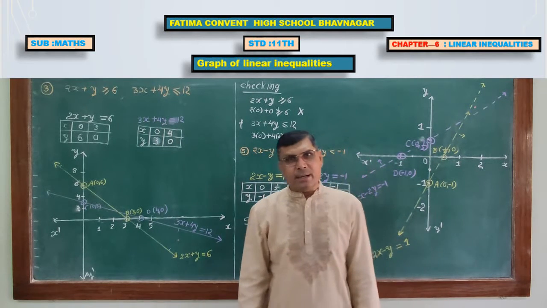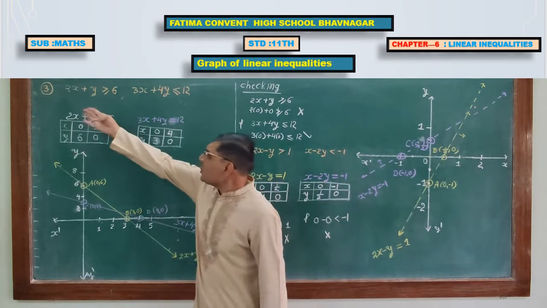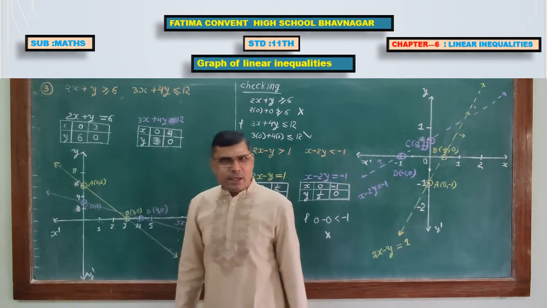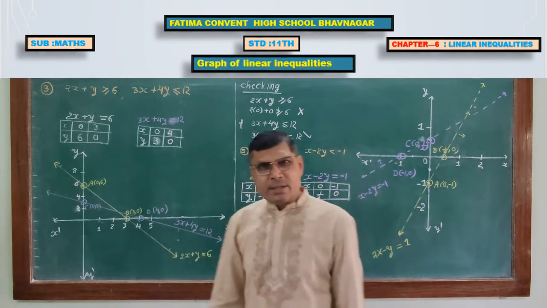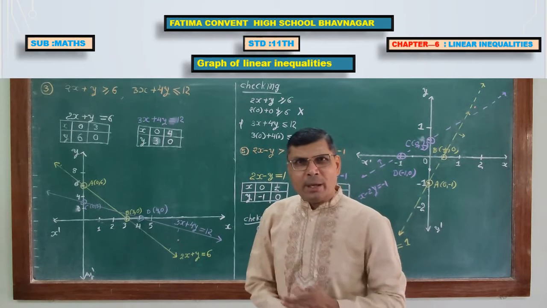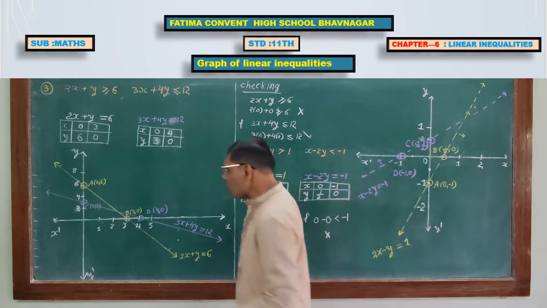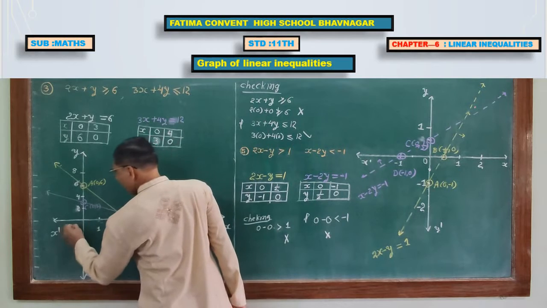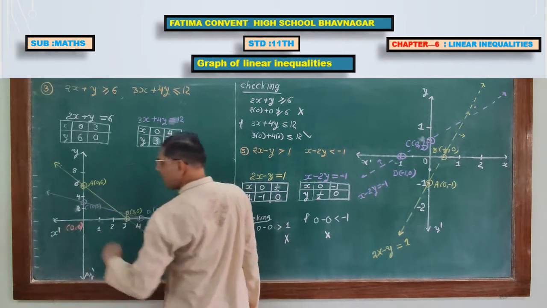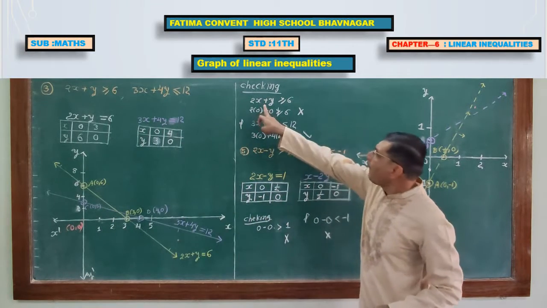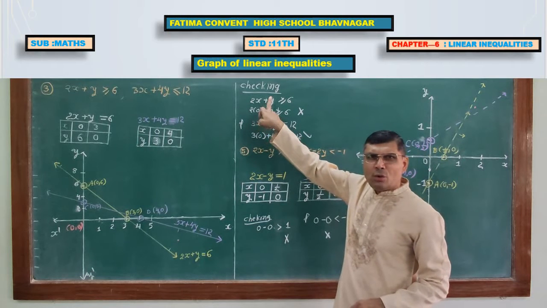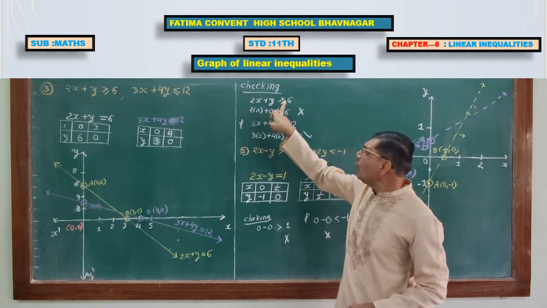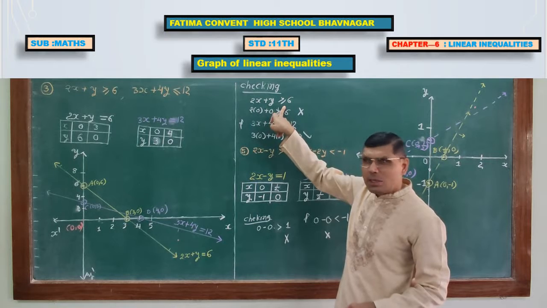Now I want to check which area this represents in both cases. You know the method. Use 0, 0 to check and decide. 2 into 0 plus 0, is it greater than or equal to 6?